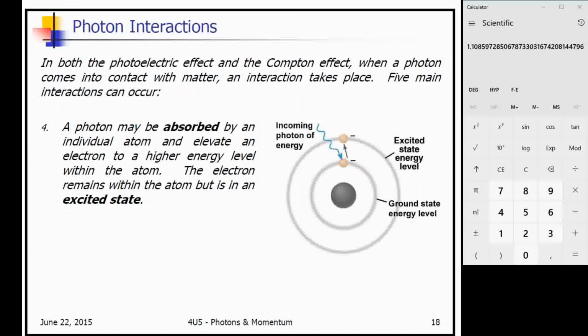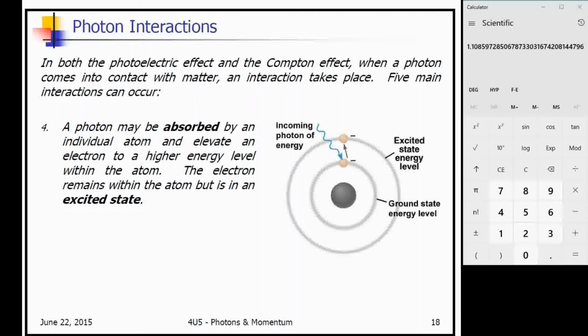We also have absorption. When we were talking about the photoelectric effect, one of the cases was when the photon was absorbed and the photoelectric effect didn't happen. What actually happens is the electron that absorbs the photon energy ends up entering a more excited state.